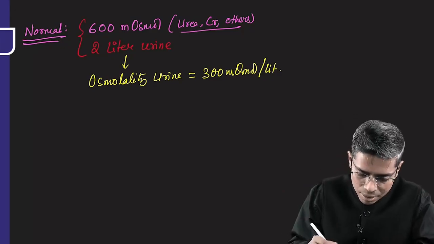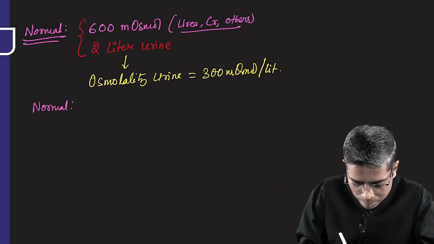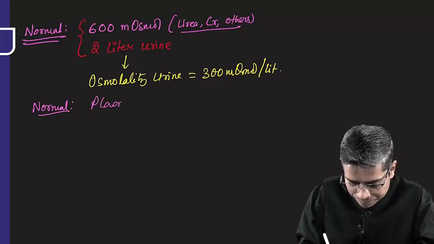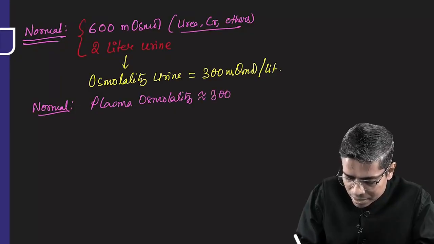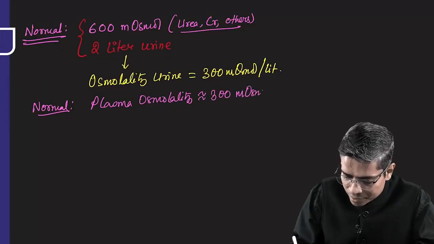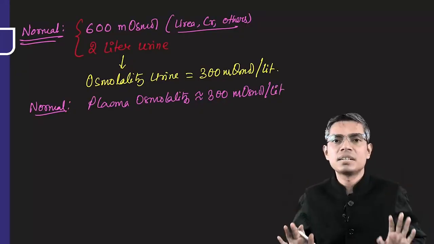What is the normal plasma osmolality? Normal plasma osmolality is approximately 300 milliosmol per liter. Actually that is 285 to 290, but approximately that is 300 milliosmol per liter.